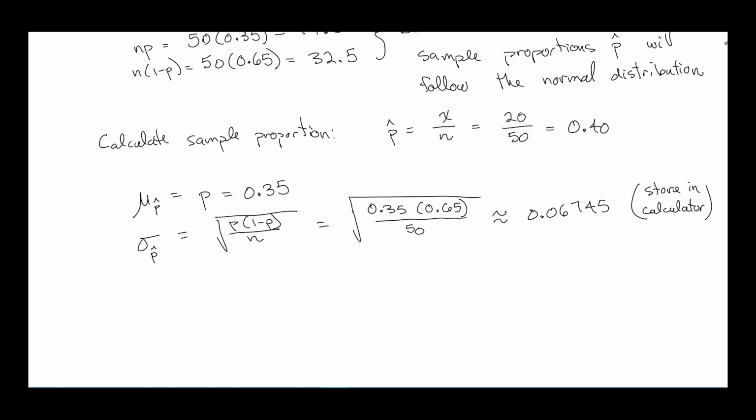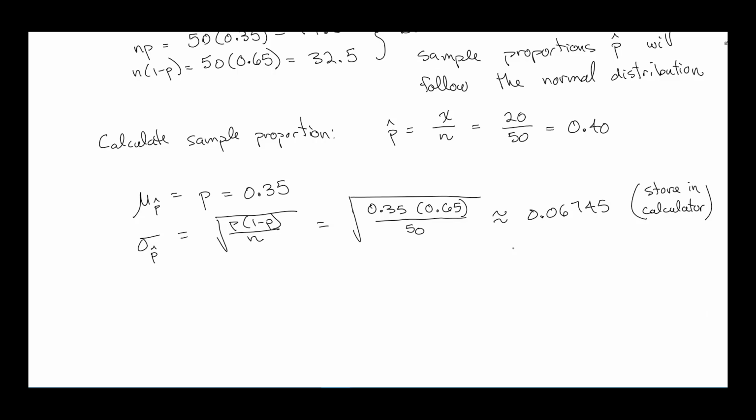So when you are rounding, you really need to go out to more decimal places, or you're going to end up off, and you may get wrong answers when you're doing your homework. Okay, so I actually don't cut it off even at that point. I just keep the whole thing in my calculator, and then I'm going to use it when I do my z calculation.